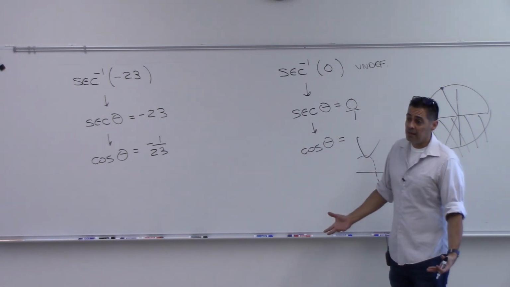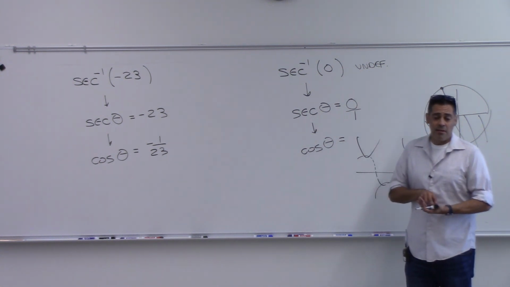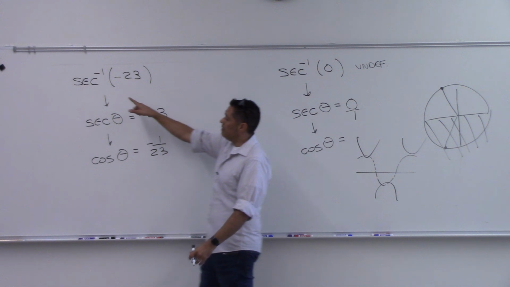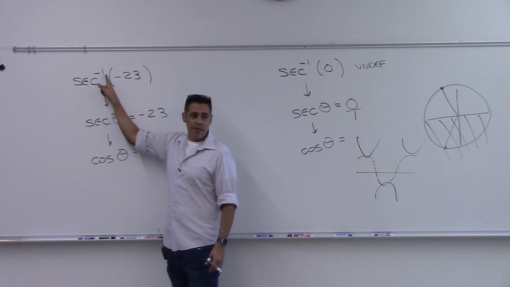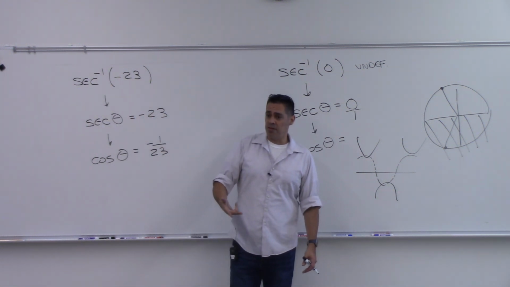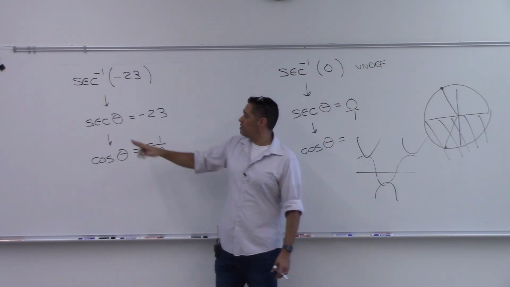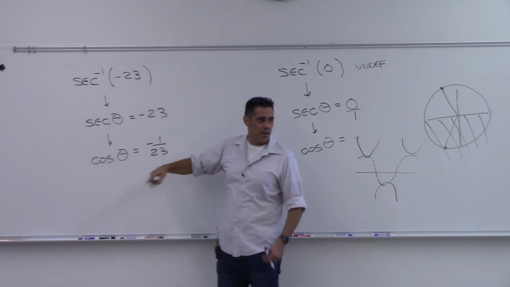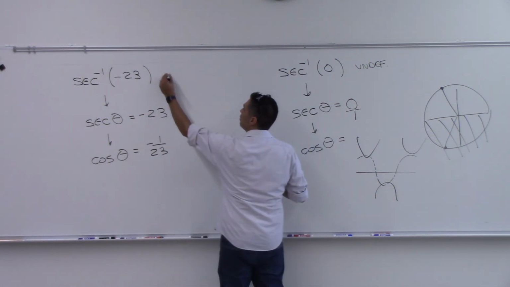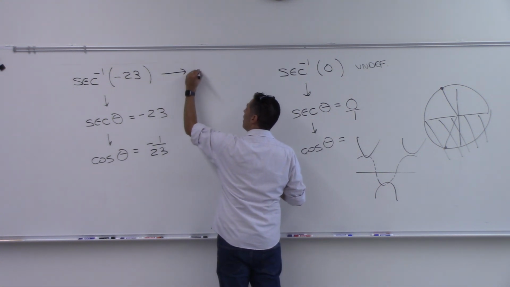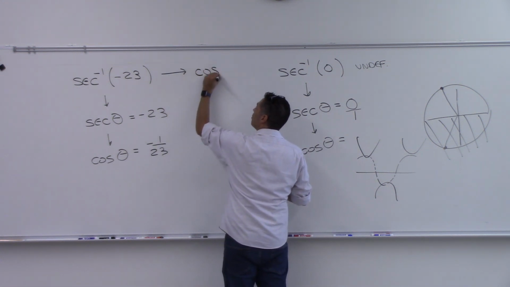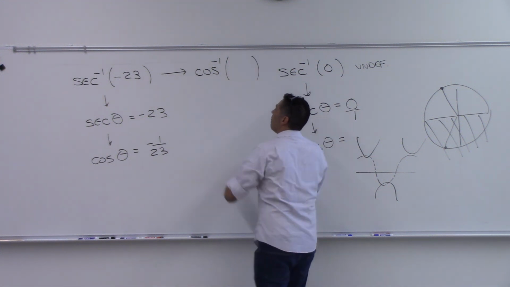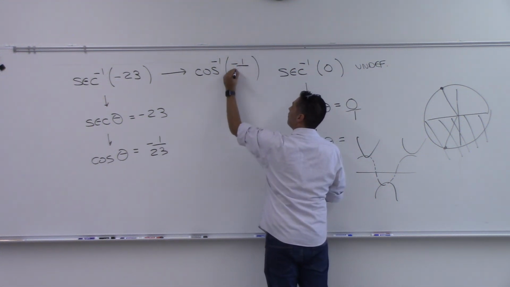Since I don't recognize it, now I'm going to need my calculator, but my calculator doesn't have a secant inverse key. What it does have is a cosine inverse key. I want to use cosine inverse because secant and cosine are reciprocals. So this really translates to what question on my calculator? Cosine inverse of negative 1 over 23.